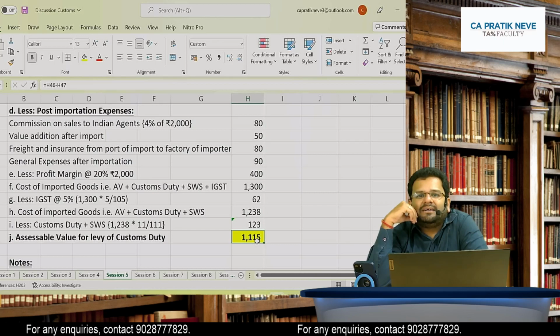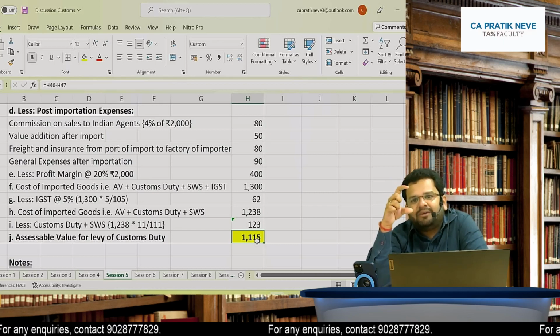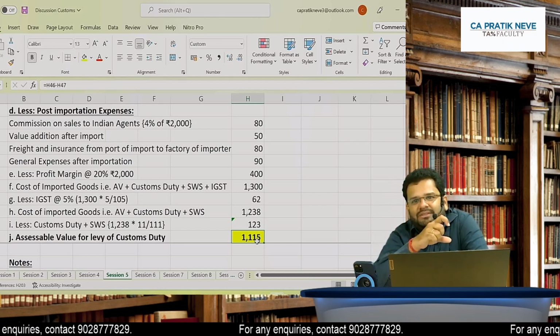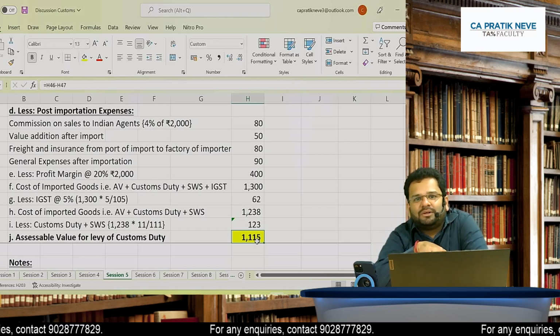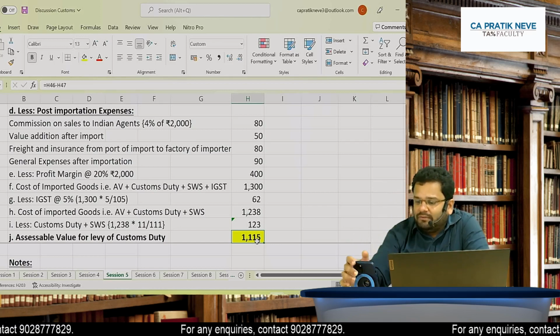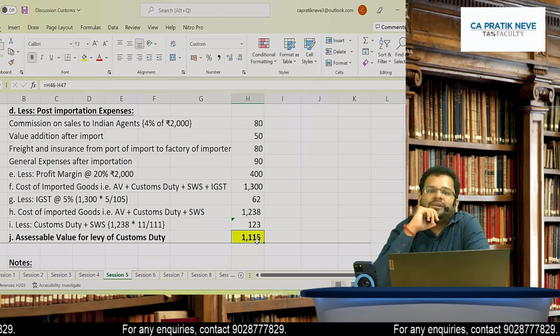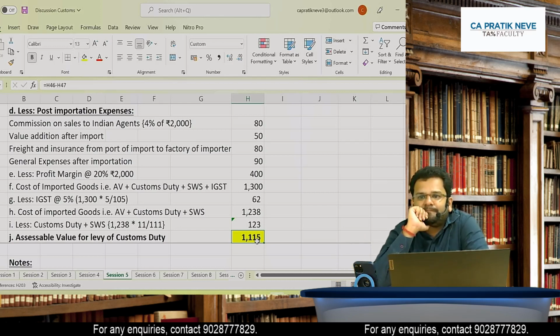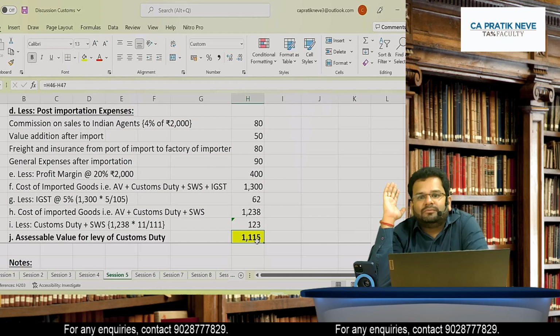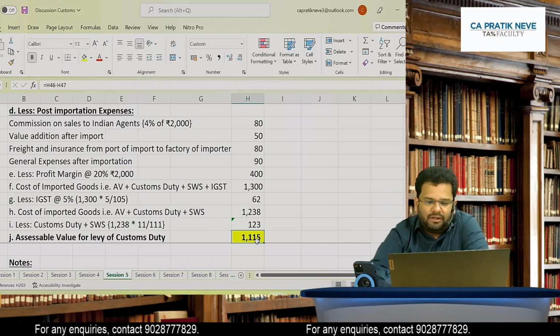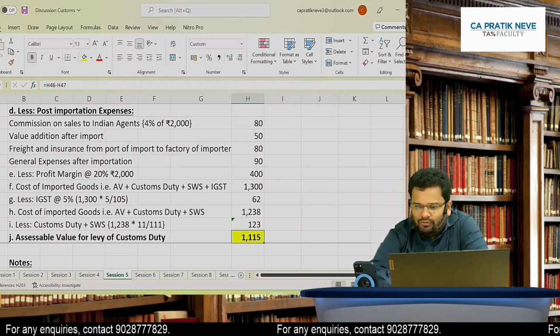You will get assessable value plus customs duties. Now exclude customs duties and you will be left only with the assessable value. Agreed all of you? Wonderful. So that's the way to find it out.